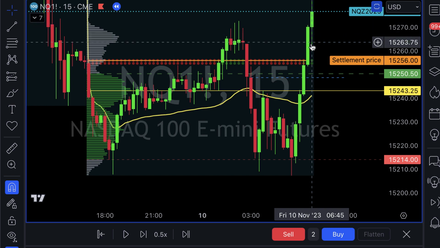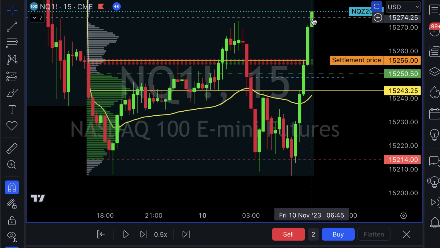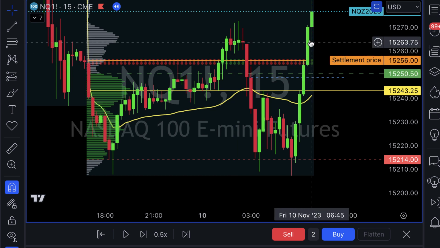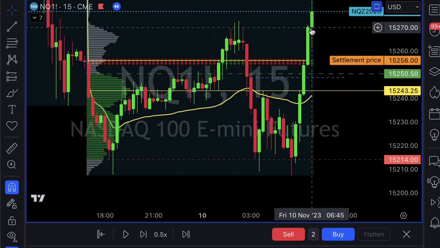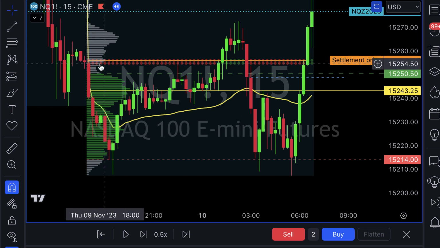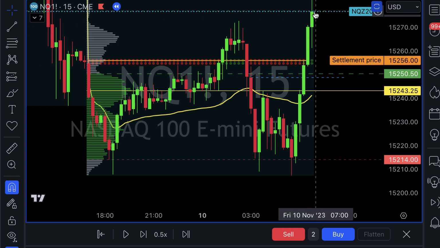What I'm looking at here is current price in relationship to what was, so this is, as an example, Friday morning. The settlement price for Thursday evening was right here at 15,256. So I notice that current price is above settlement price.